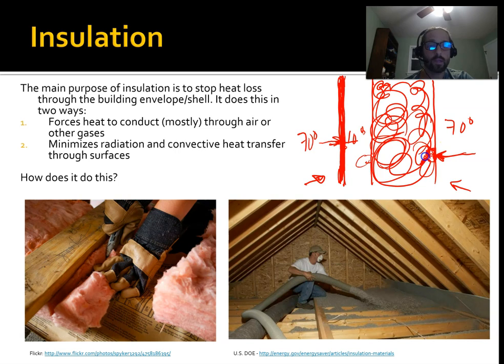Then this gets warm, and then it has to radiate across, maybe convects over, and then warms up this little strand. Then radiating here, convecting here, right? So it hits it, stops, warms it up, and then it's got to radiate across here, maybe a little convective loop in here, whatever. It hits it and warms it up, and then it has to radiate and convect, and then it has to do it again and again.